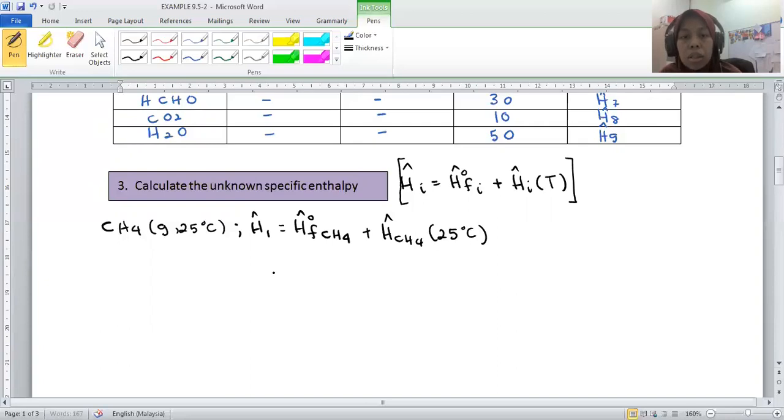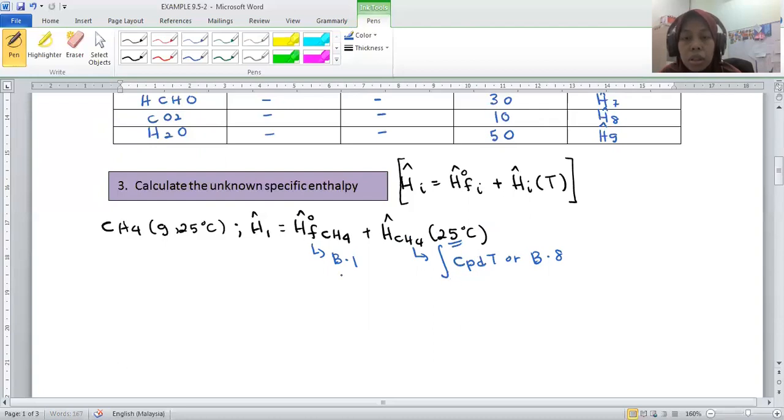The heat of formation for all substances is in Table B1. You can refer to it there. For the second term, normally we go to integration of Cp dT, or we can refer to Table B8, depending on the substances. For methane, the temperature is 25 degrees, equivalent to the reference state.